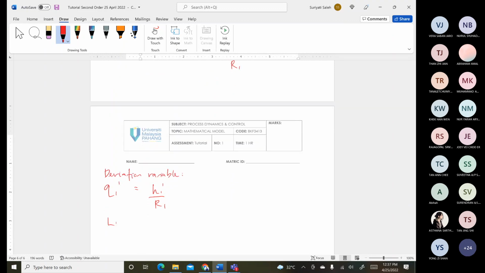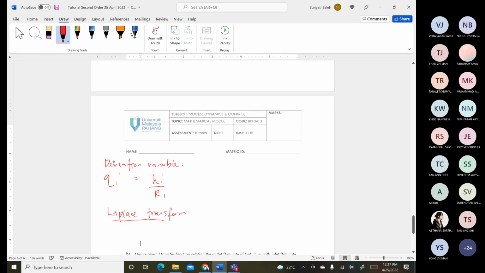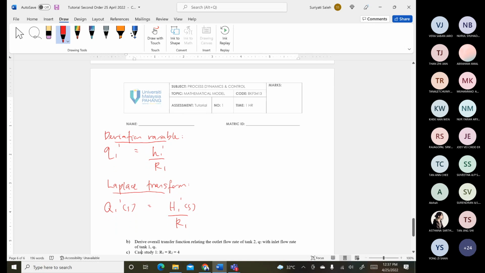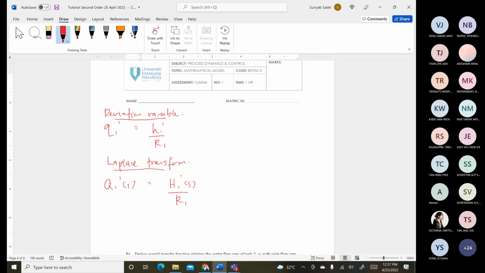And when we do the Laplace, this equation translates to Q1 prime S. We just change the small letter q into the capital letter with the inclusion of S in brackets to indicate it has been under Laplace. The same goes with the height, H1 prime S over R1. So this is our Laplace transform for valve number 1.